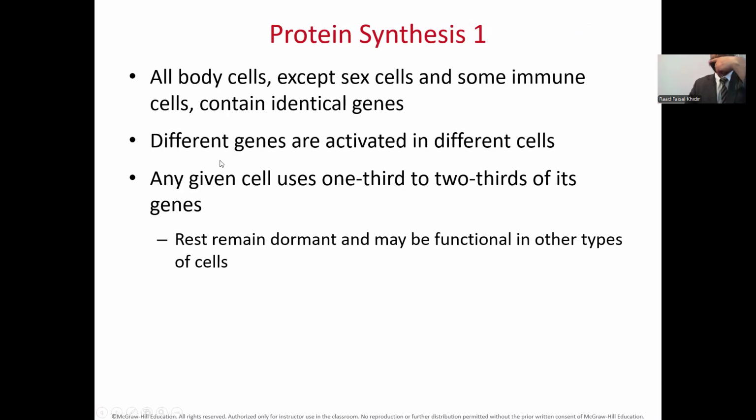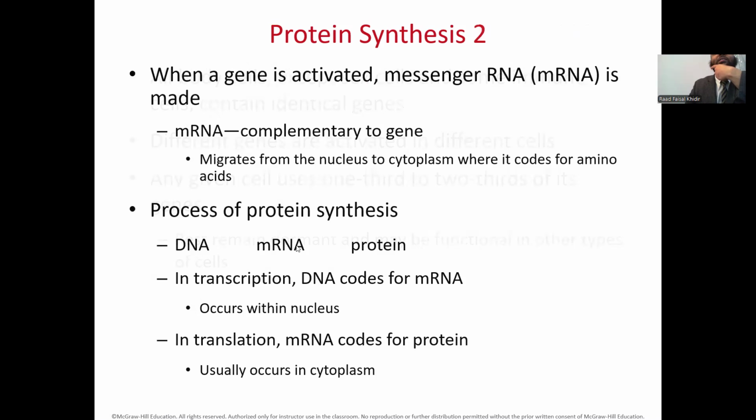Okay, all body cells except sex cells and some immune cells contain identical genes. We said that. Different genes are activated in different cells, and any given cell uses 1/3 to 2/3 of its genes. The rest remain dormant and may be functional in other types of cells.